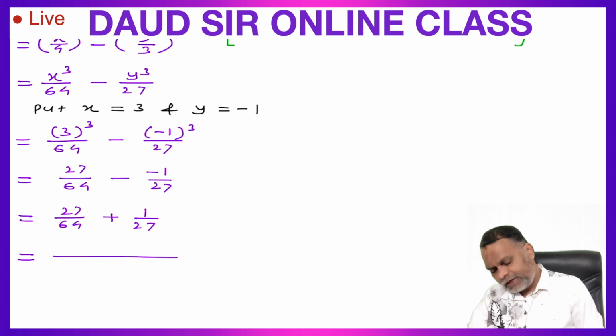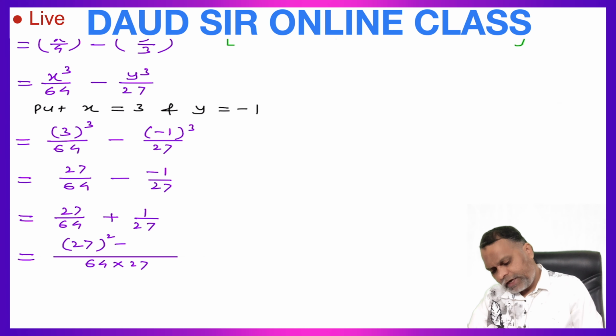Take the LCM of 64 and 27. We can take 64 into 27. The 64 cancels, so 27 into 27 gives 27², plus, the 27 cancels, 64 into 1.